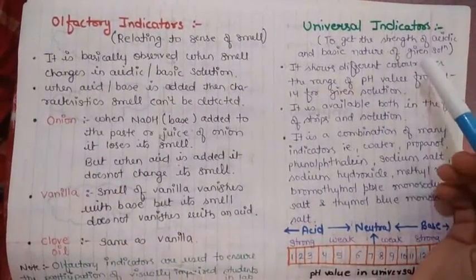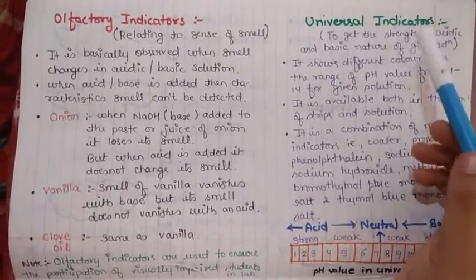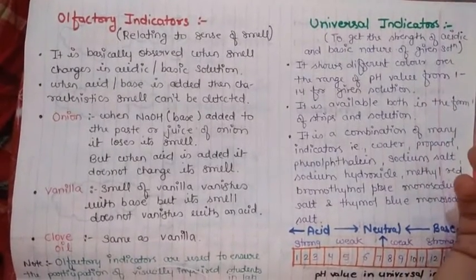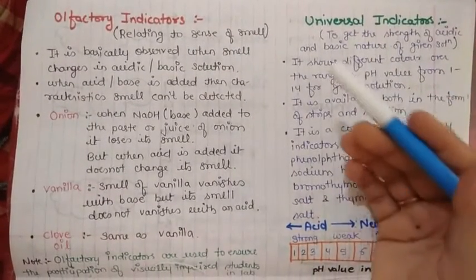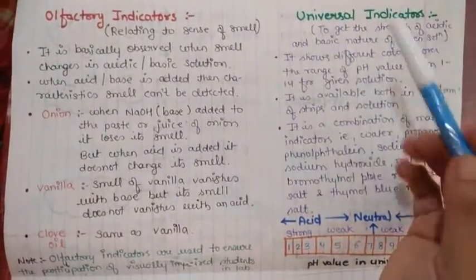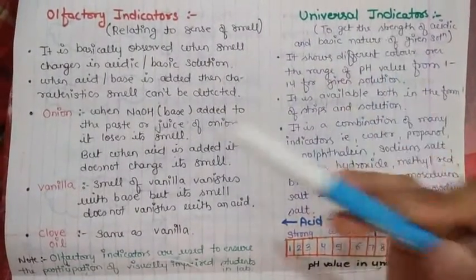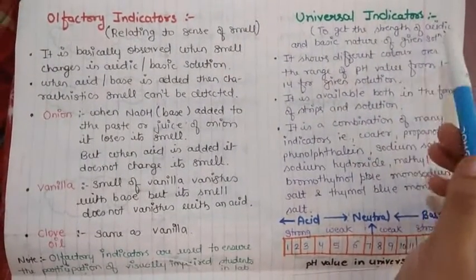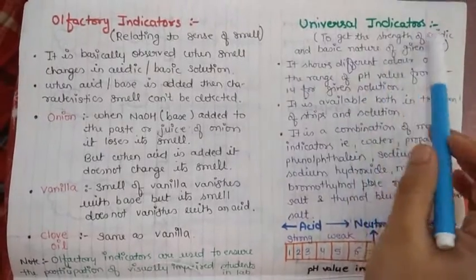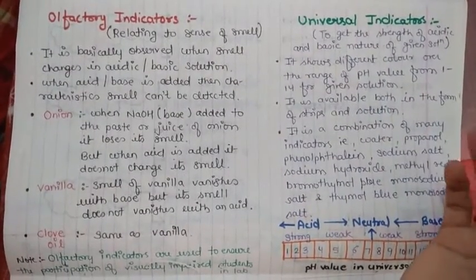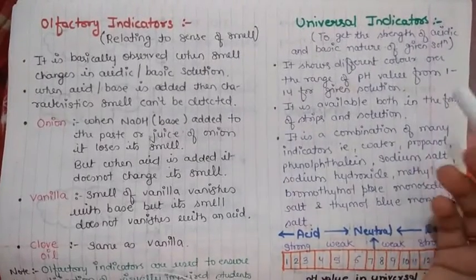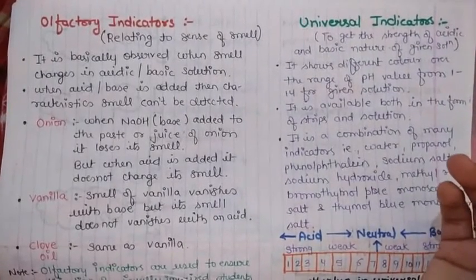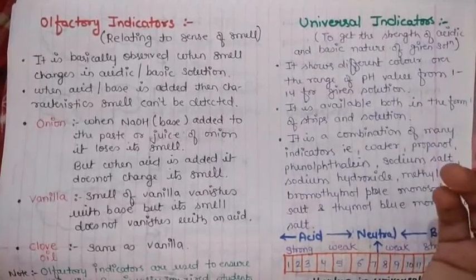Next is universal indicator. What are universal indicators? If we have studied all the indicators, that is natural, synthetic, and olfactory, what will be the use of universal indicator? Why are we studying this? Because to know the strength of acidic and basic nature in a given solution, we must know how much acid is present and how much base is present.